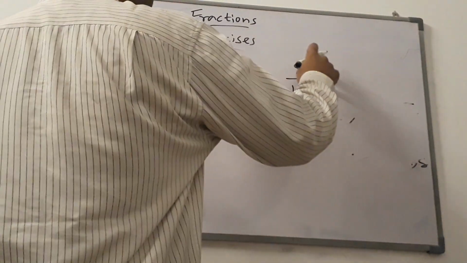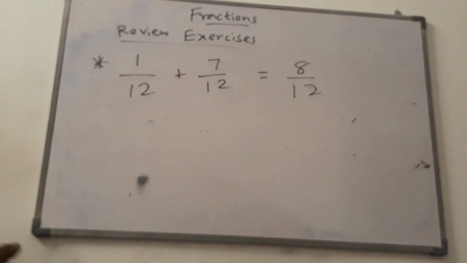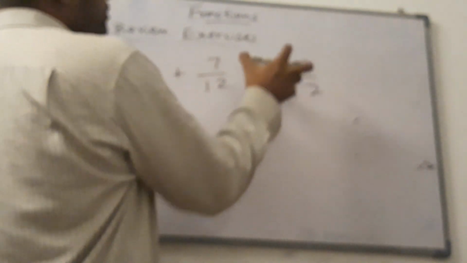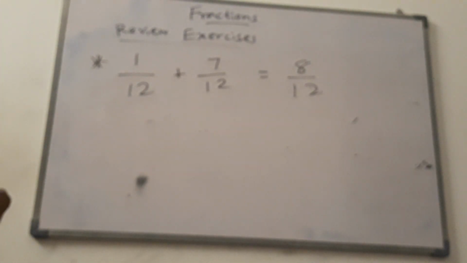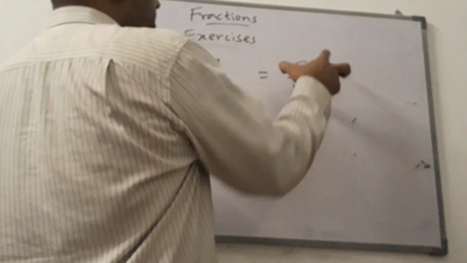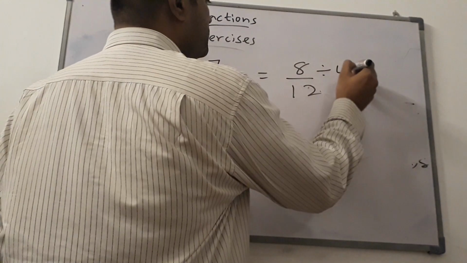Both the numerator and denominator can be divided by their highest common factor. 8 and 12 are both divisible by 1, as well as by 2. Even numbers can be divided by 2. Not only that, both these numbers are multiples of 4. Or 4 is a factor of both.